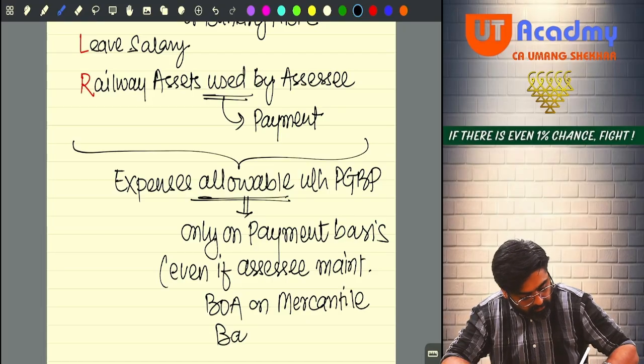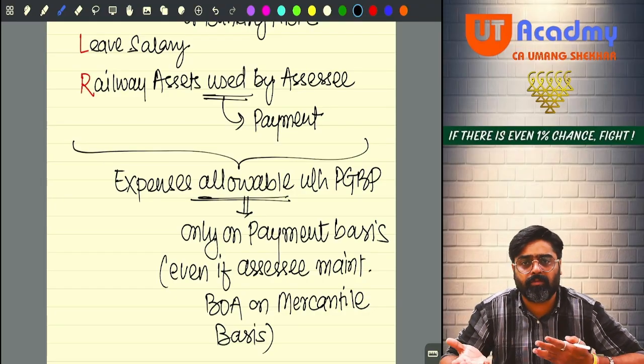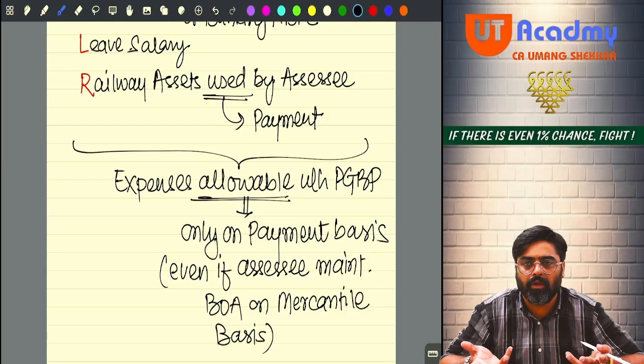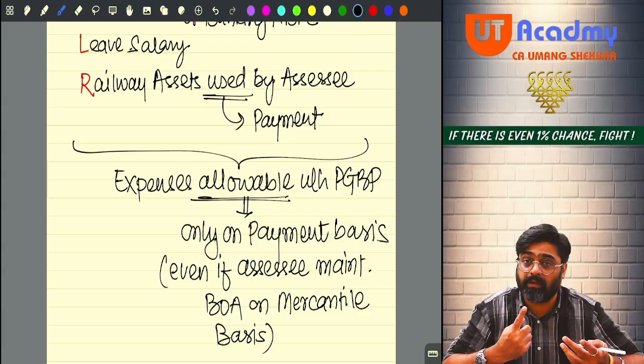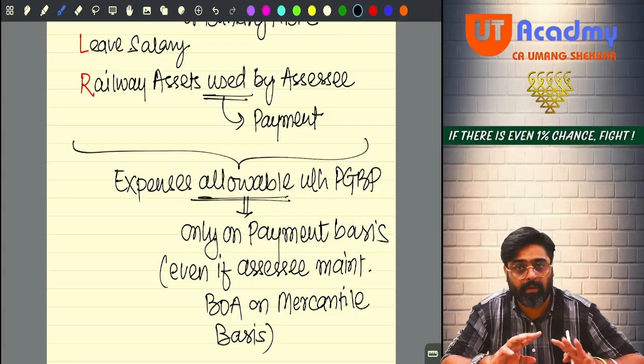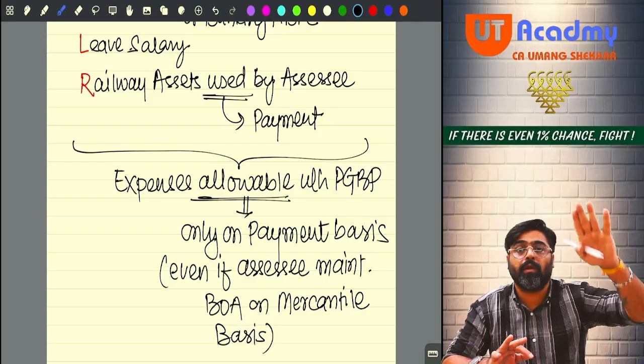If you are following mercantile basis of accounting, all the expenses and all the incomes you are supposed to take on due basis. Yes or no? So deduction for all the expenses on what basis? Due basis. But these expenses will not be allowed on due basis, even if you are following mercantile system.